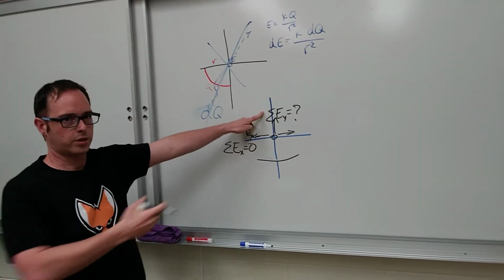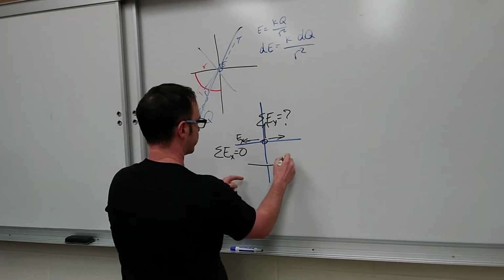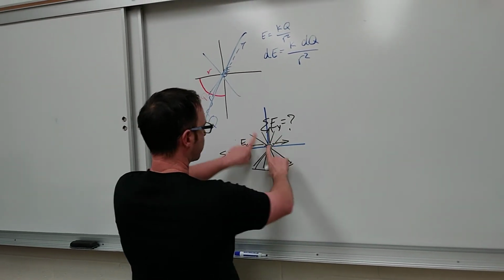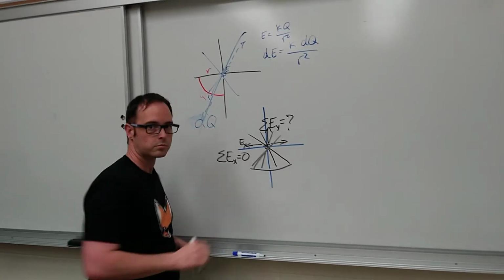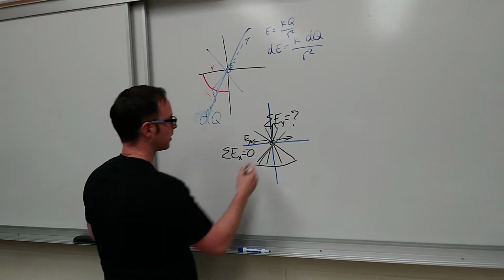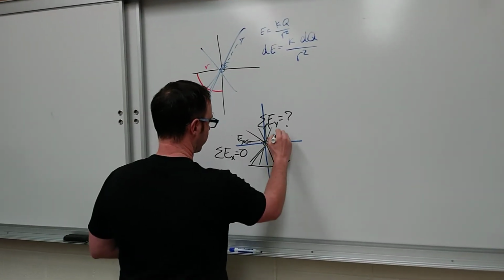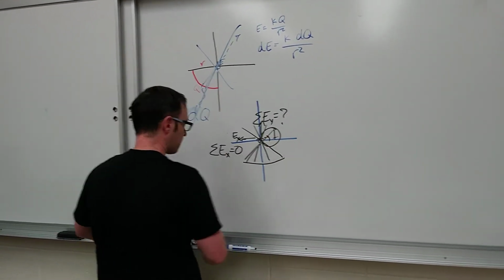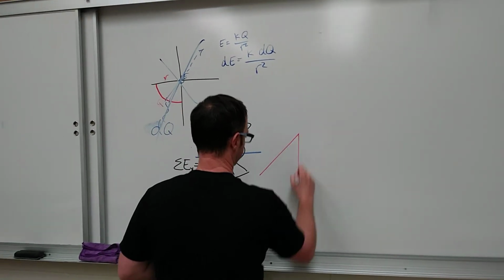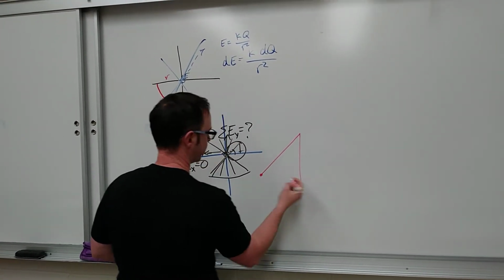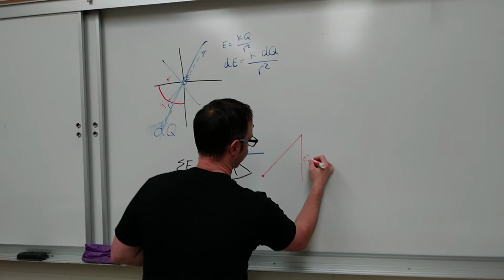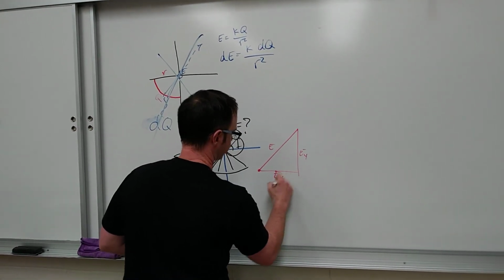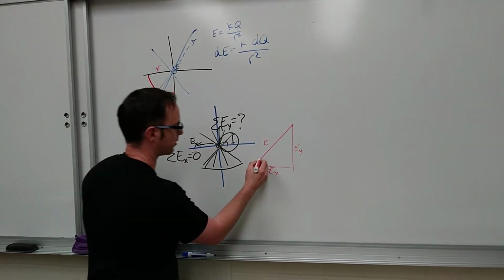So what is all that? We have a bunch of these, and we're going to add up all of the y components, because all the x components cancel out. I'm going to blow this up for you. Here's the origin, here's Ey, here's E, and here's Ex, and here's theta.